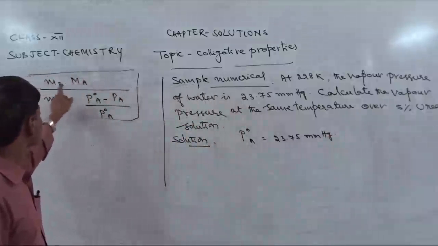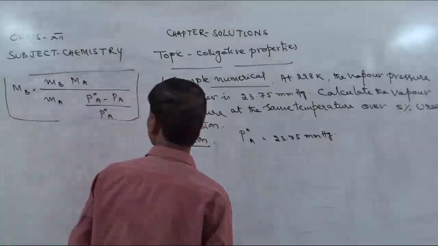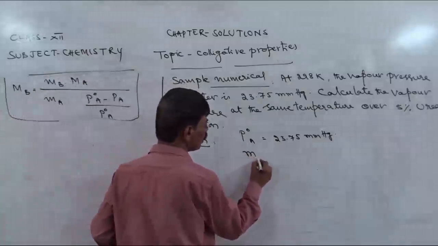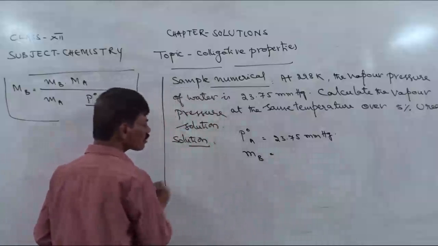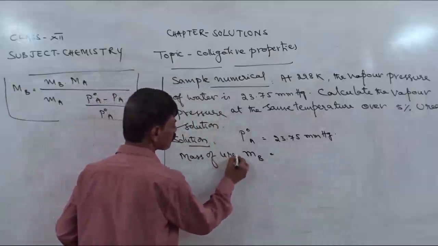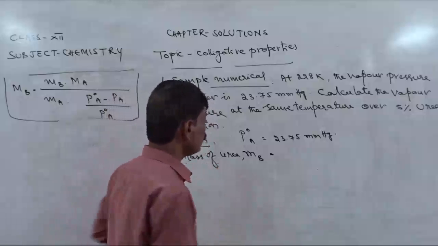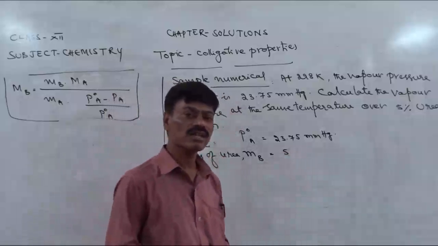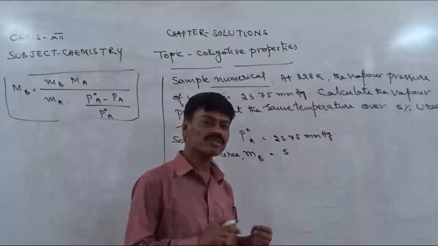Now three variables are there. Let us see those three variables. Here urea is solute and mass of the solute is MB. Here MB is the mass of solute, that is mass of urea, which is given to us as 5 grams. 5% urea solution means 5 grams of urea dissolved in 95 grams of water.